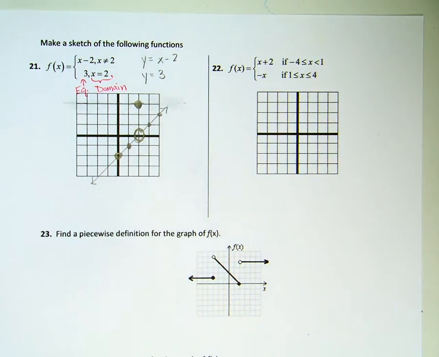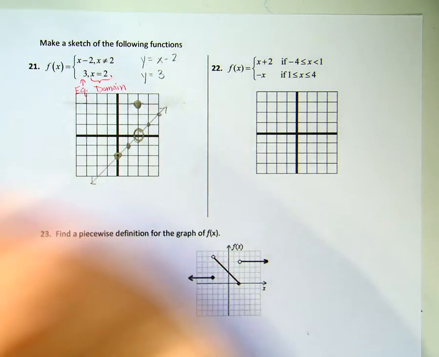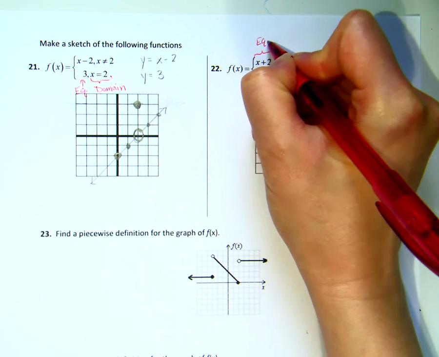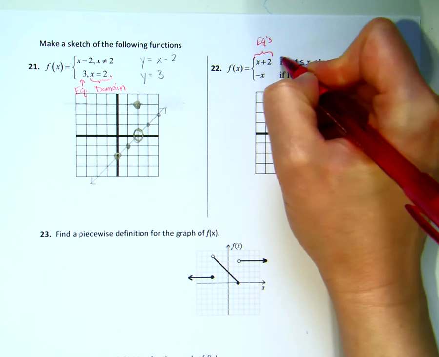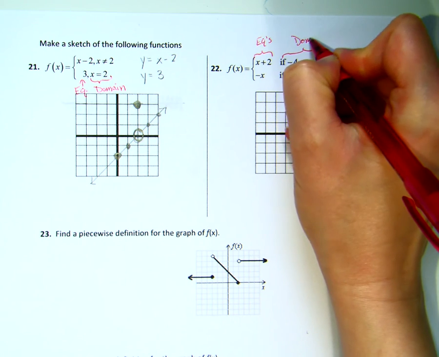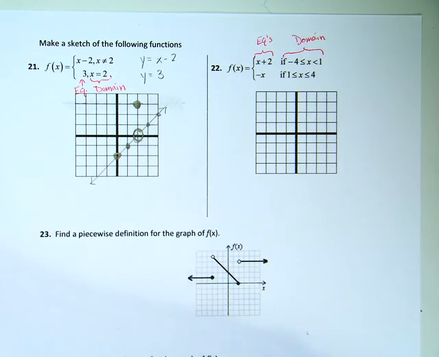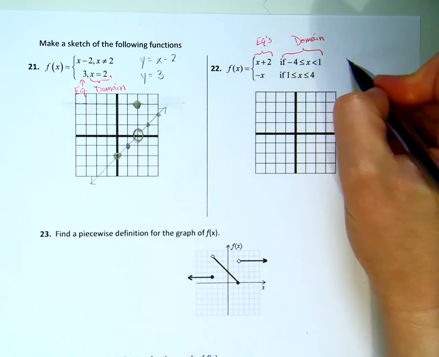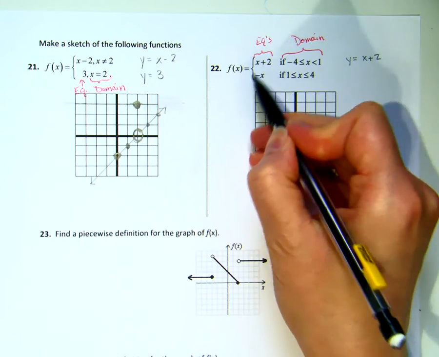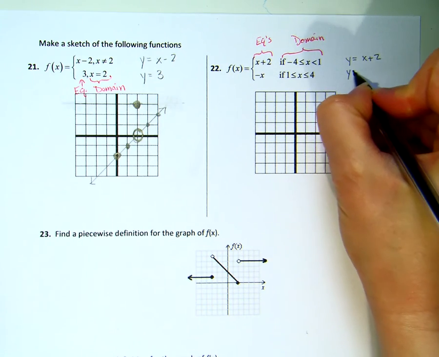Let's try another one. Again, let's look at the equations first. So here's my equations. And then we'll come back and consider our domain for each. So my first equation is just the y equals x plus 2. My second equation is just the y equals -x.